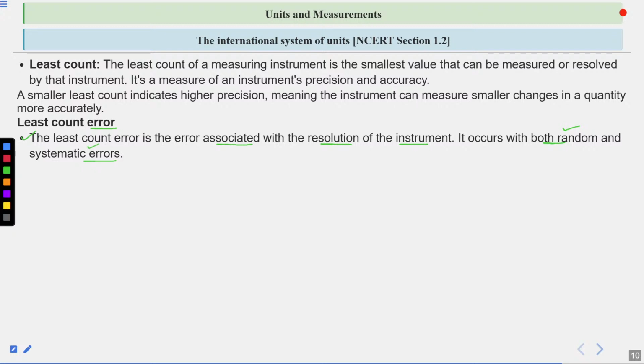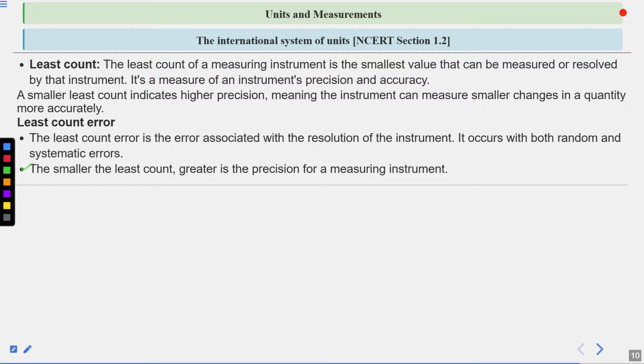Random error occurs randomly, and systematic errors occur due to the experimental instruments. Clear?